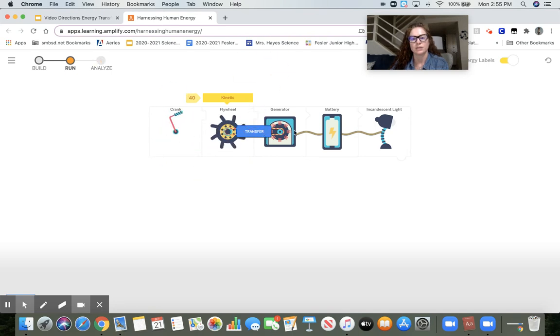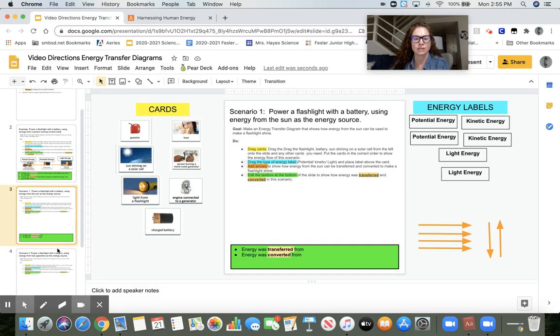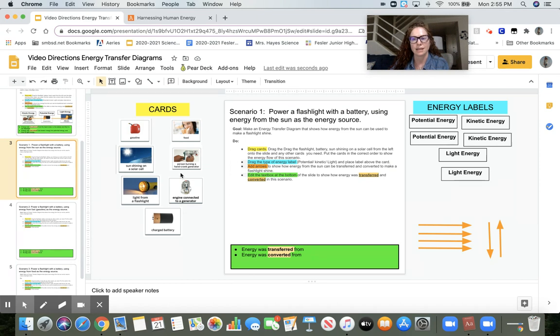Both of these are kinetic energy, then it gets transferred. The generator is going to be potential and potential in the battery, and then it gets transferred and converted into light energy, right? So I did add a few extra steps here that were not on my slides, but you can look at these items over here and for your scenarios build them in the sim.